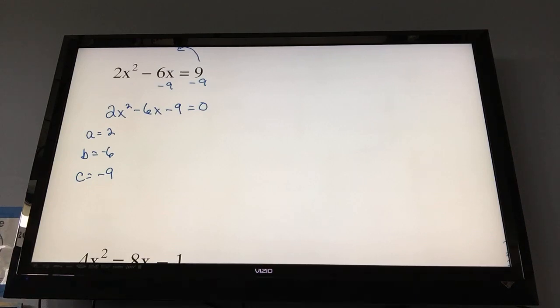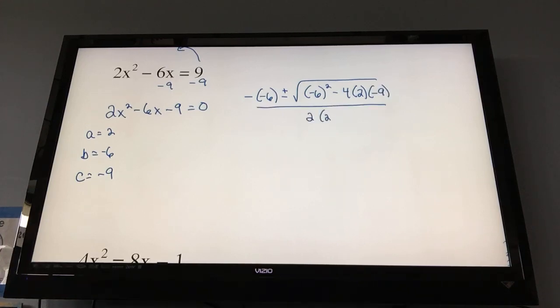So, negative b plus minus the square root of b squared minus 4 times a times c, over 2 times a. 3 calculations.